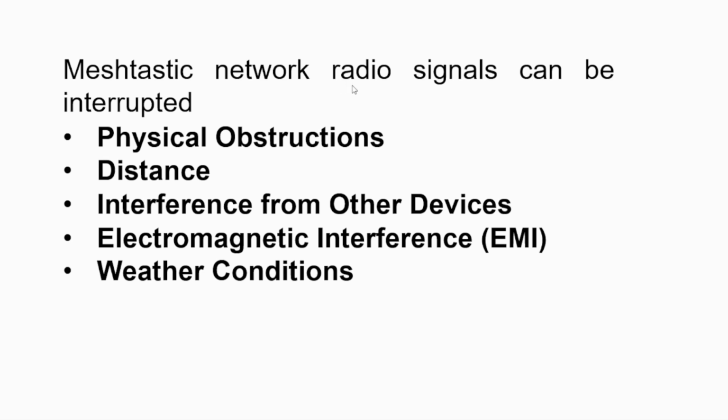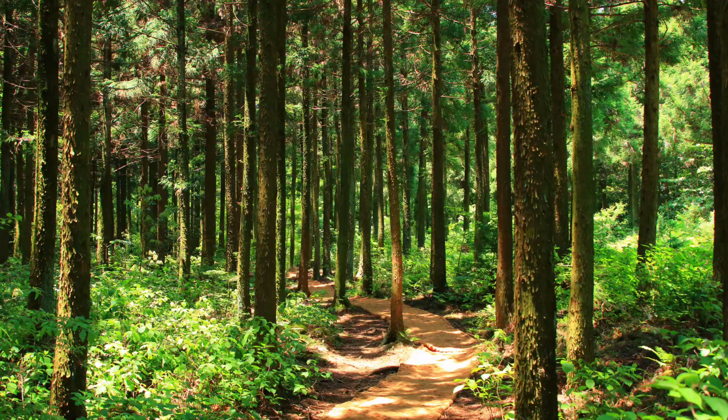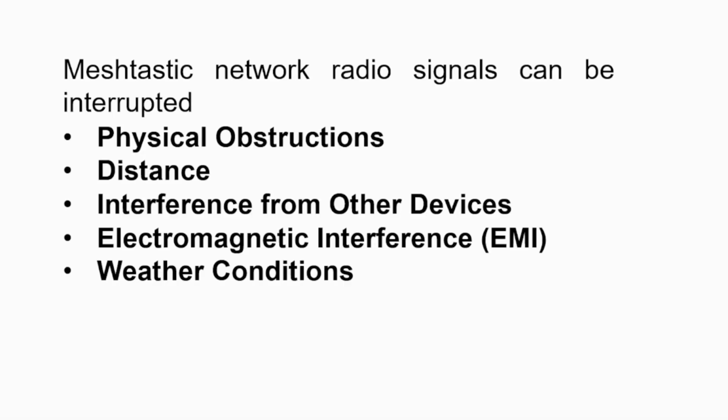Mesh radio signals can be disrupted by physical obstructions such as large buildings, dense forests, trees, and vegetation. They can also be weakened because the distance between you and your family member is further apart.